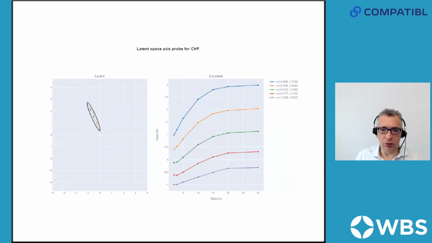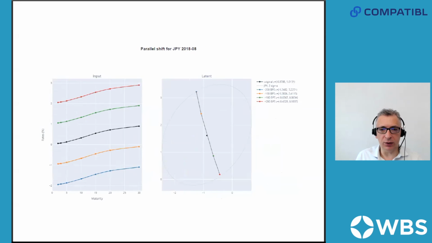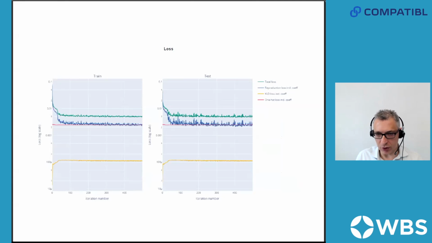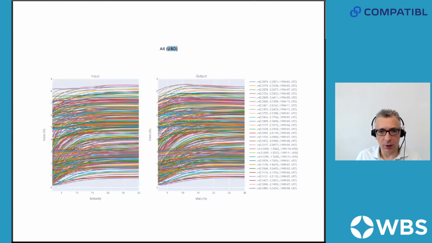So again, to recap, let's pick a currency, USD. These are the historical curves for USD. These are the decoded curves: you put them into the Autoencoder, you decode them back.